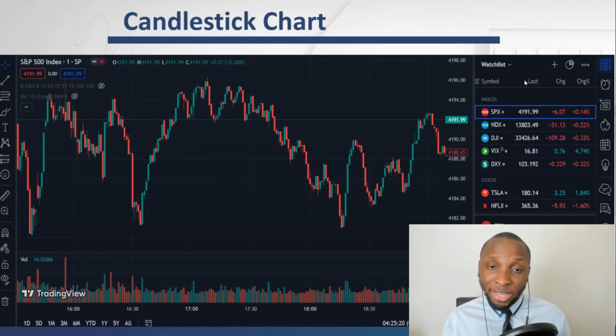Then what's happening on those smaller time frames might matter to you a lot more. If you are a long-term trader, those smaller time frames might not matter as much.